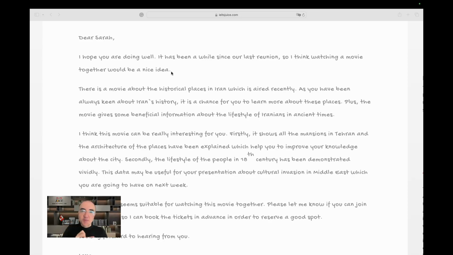I now know the letter is going to be a chance to reunite and talk, have quality time, and at the same time, watch a movie. That's just brilliant. One note, guys, the difference between movie and film is just the difference between British English and American English. Basically, it's the same thing. So don't worry about it.